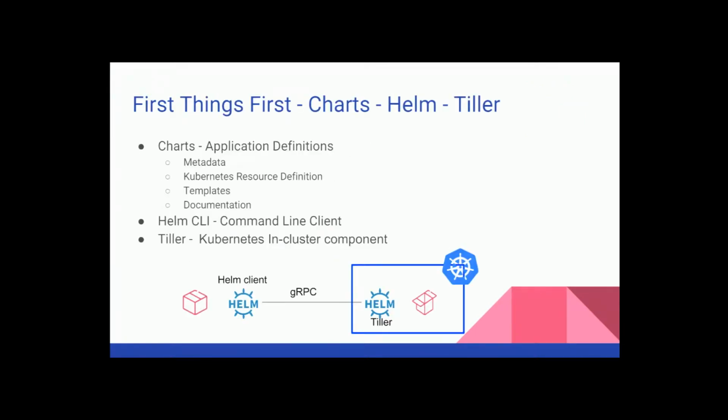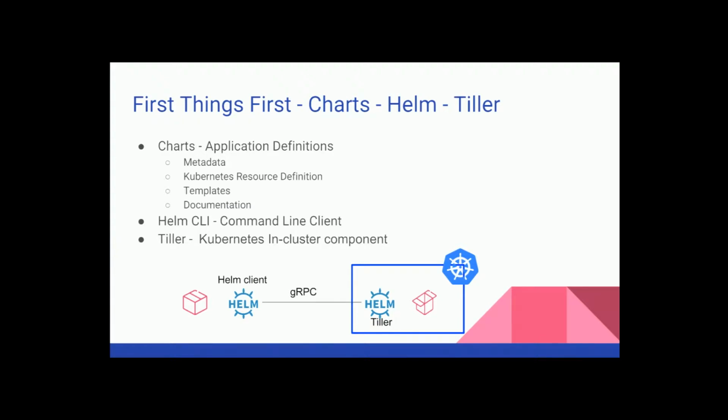If you look into the structure of Helm, it's essentially three parts. The first is what is called a chart, which is the definition of an application. In the chart we have metadata, templates, resource definitions, and variables extracted out.